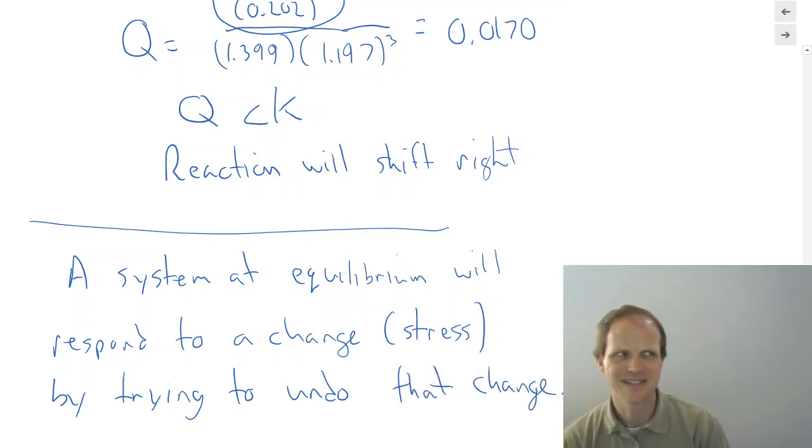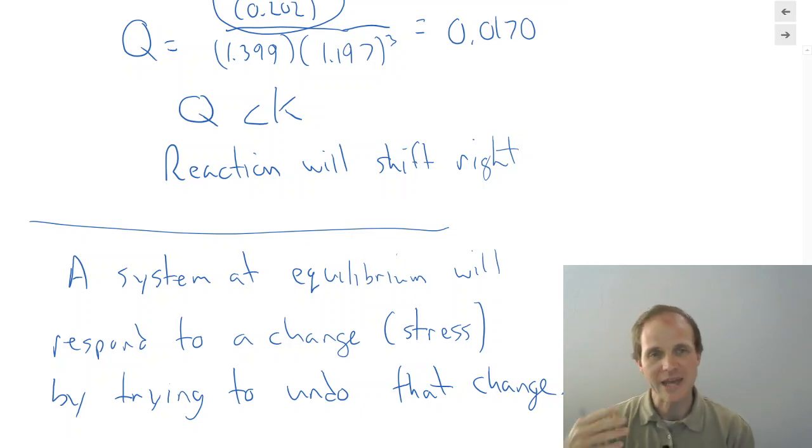You know, like, Professor Clements, it didn't try to undo anything. It did something. What do you mean undo? Well, what did we do? We added nitrogen. And what did the reaction do? The reaction reacted that nitrogen. So by putting a stress of saying, here's more nitrogen for you, the reaction said, well, let me get rid of that nitrogen by reacting it.